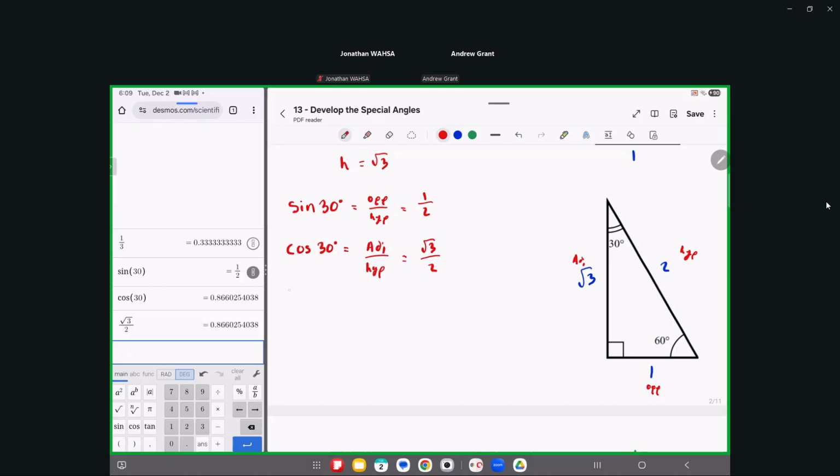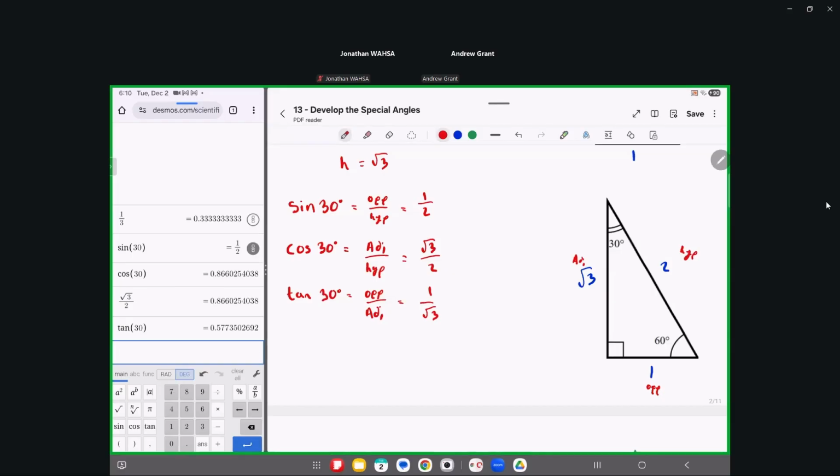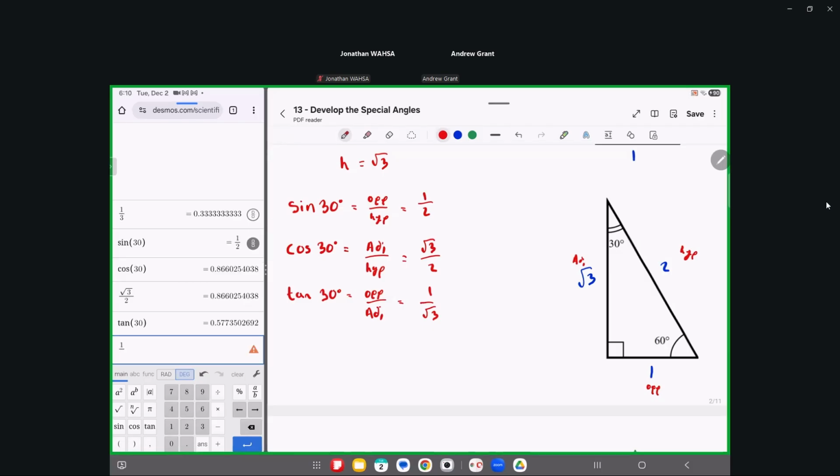We can also do, say, tan of 30 degrees. So that's going to be equal to the opposite over the adjacent. So in this case, the opposite is 1, and the adjacent is the square root of 3. So if I type in tan of 30, I get 0.577. And if I take 1 divided by the square root of 3, I get the exact same solution.